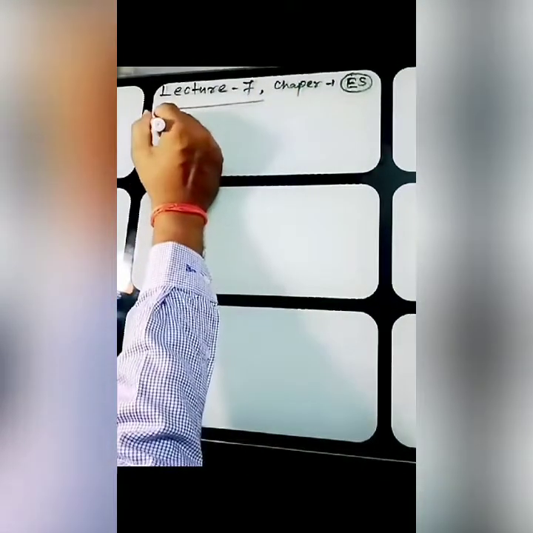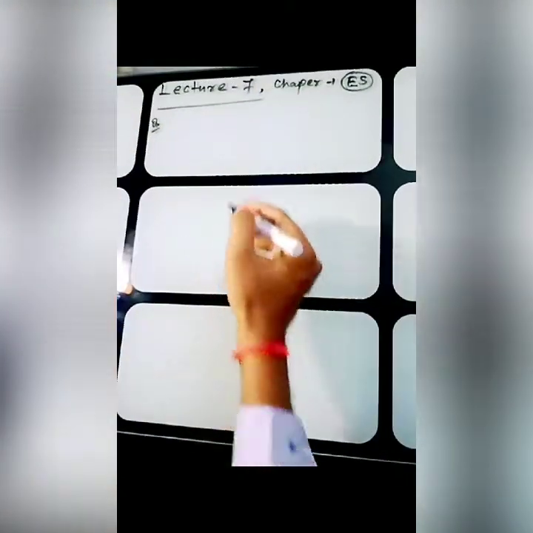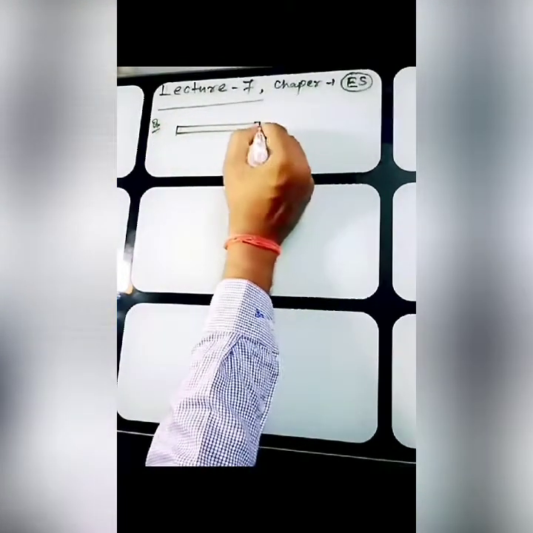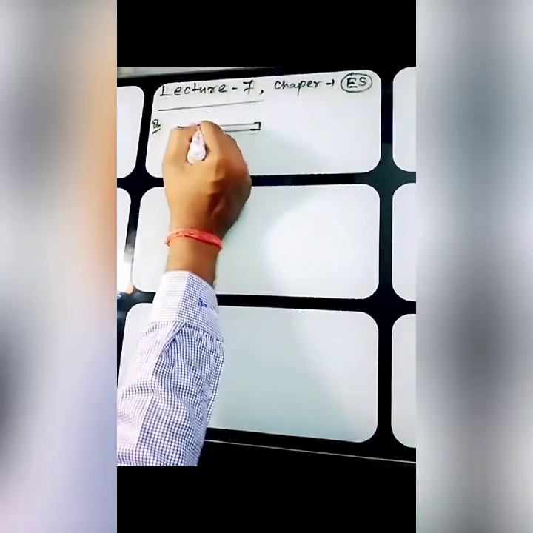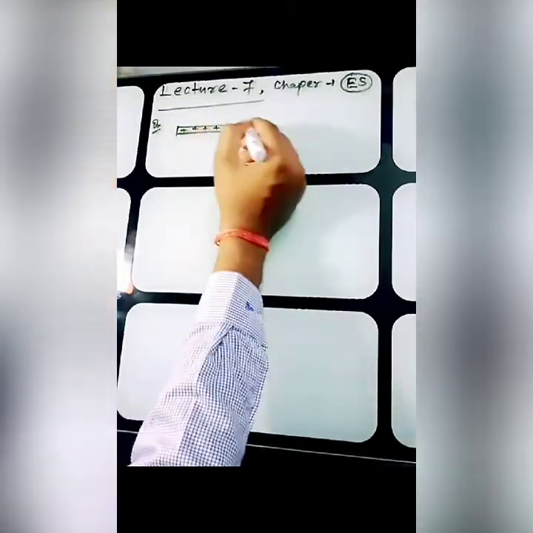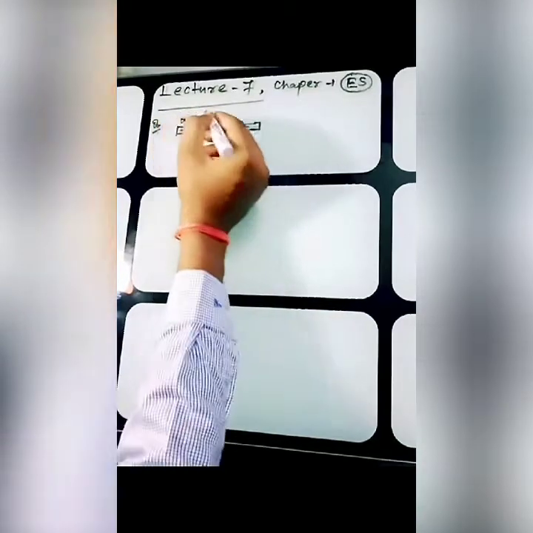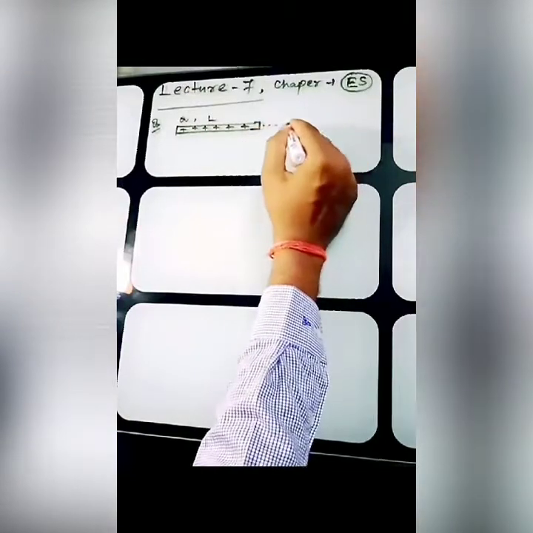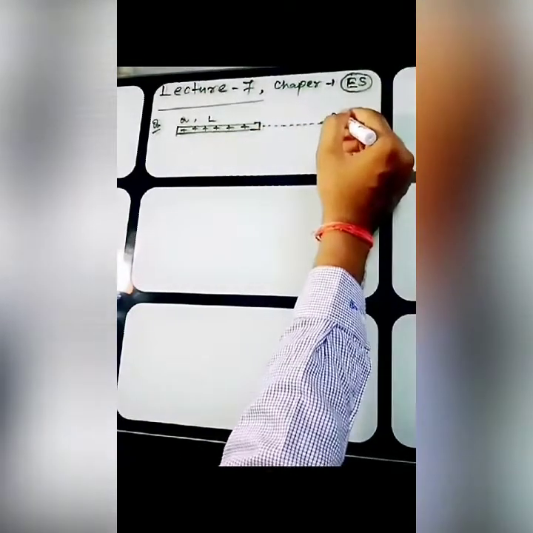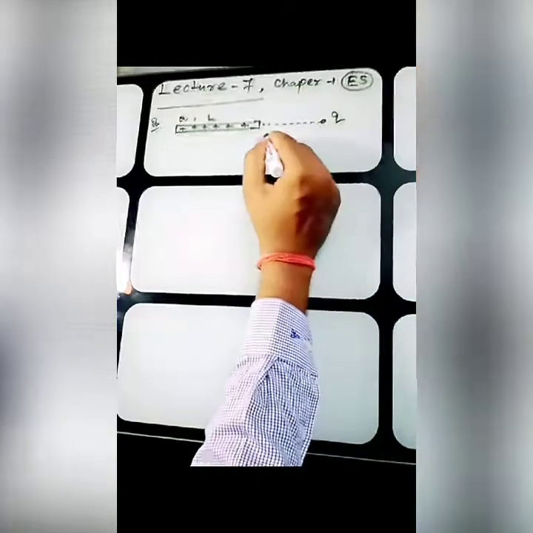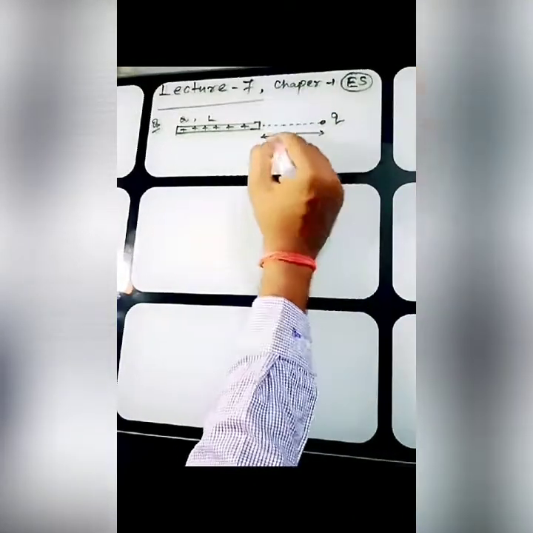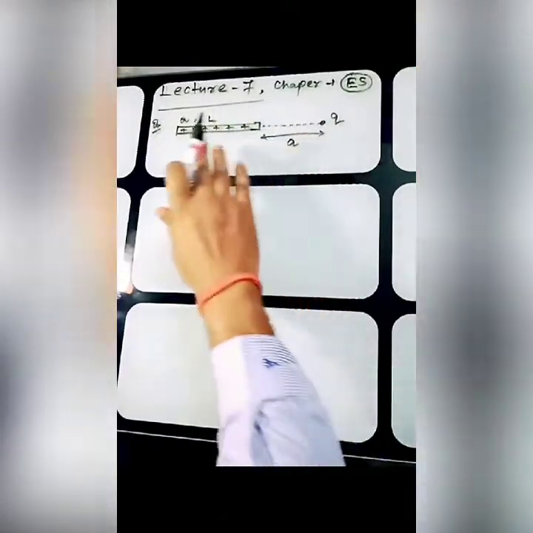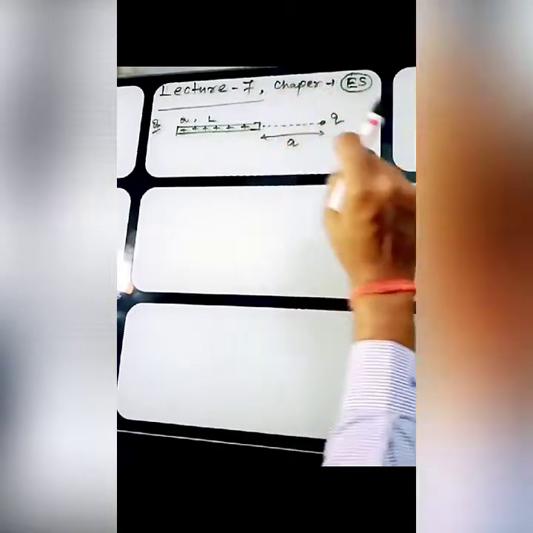The first simple question: you have a charged rod on which charge Q is uniformly distributed over the length L, and another charge, small q, is placed at a distance A. You have to find the electrostatic force between this rod and this charge.